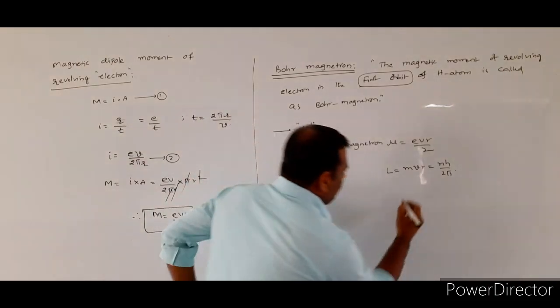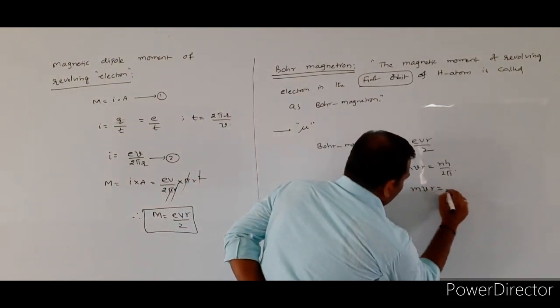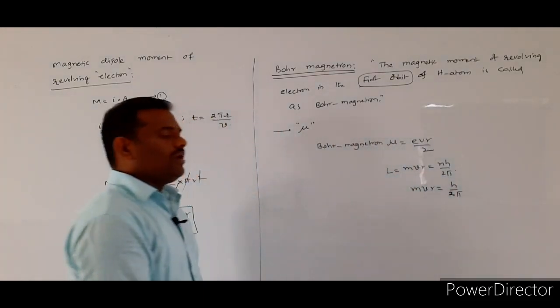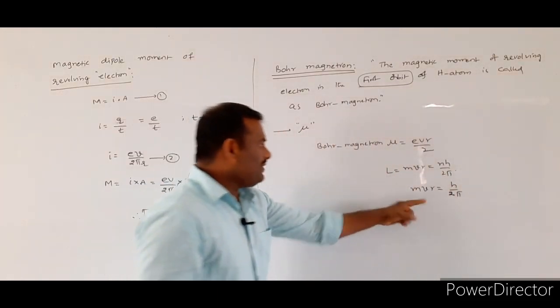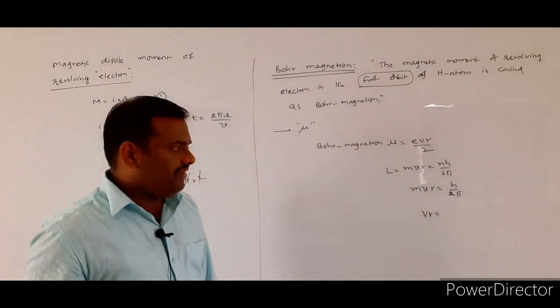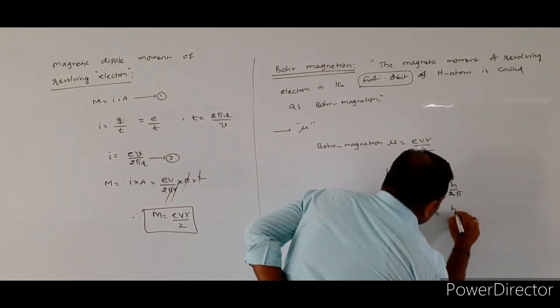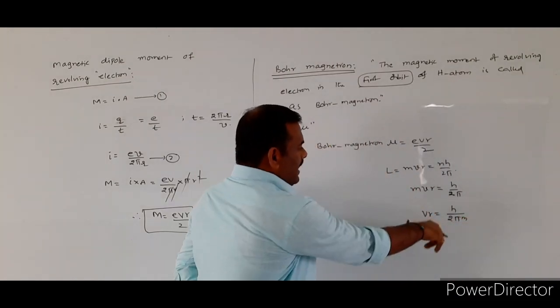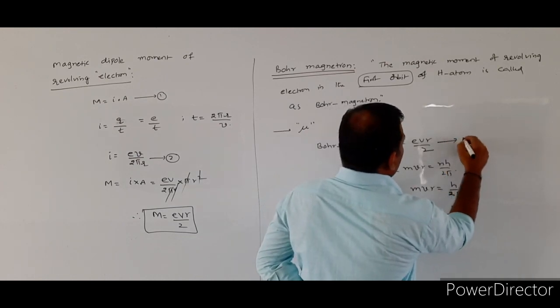Therefore, from this equation, MVR is equal to h by 2 pi. From this, I took the value of VR, VR is equal to h by 2 pi m. Let it be equation number 1.